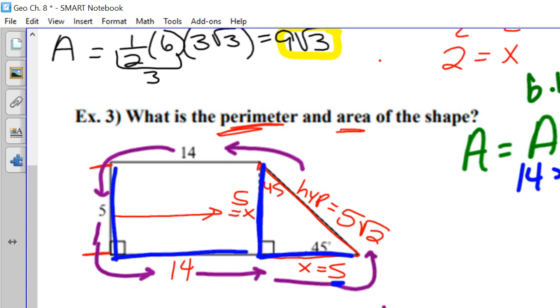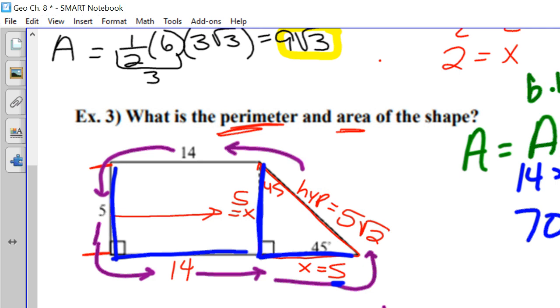Let's see, 14 times 5, is that 70? Yep. Sweet. 5 times 5 is 25. Half of 25 is 12.5. 70 plus 12.5 is 82.5.